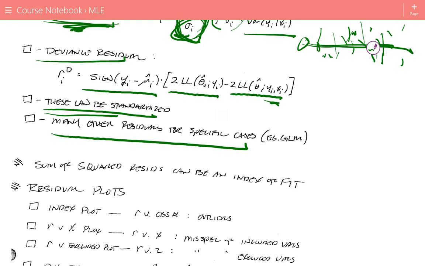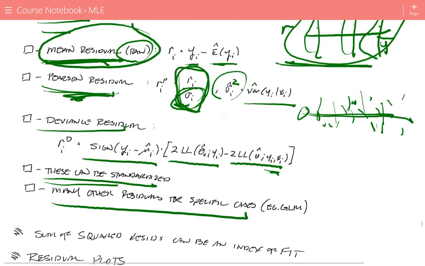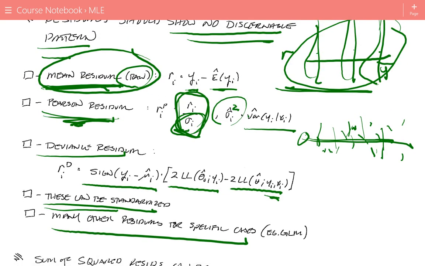So if you're using Stata, any of your commands will have a certain number of residuals available to you. Look up in the Stata manual, they will tell you what they are, and essentially it's a good guide to start understanding how to use them. So rather than try to go through all of the individual details, I simply state you need to understand the different ways to evaluate residuals and the different residuals.